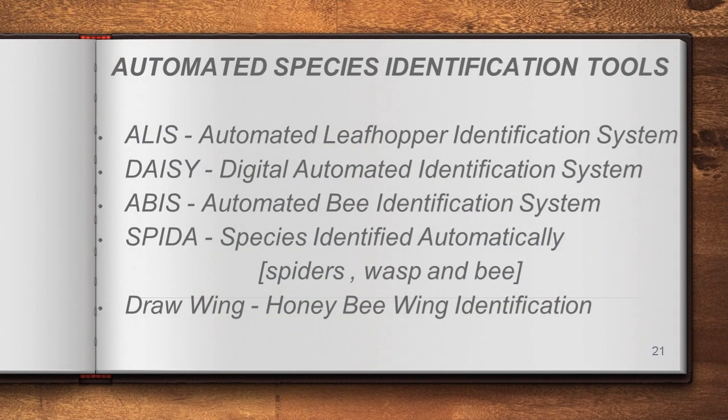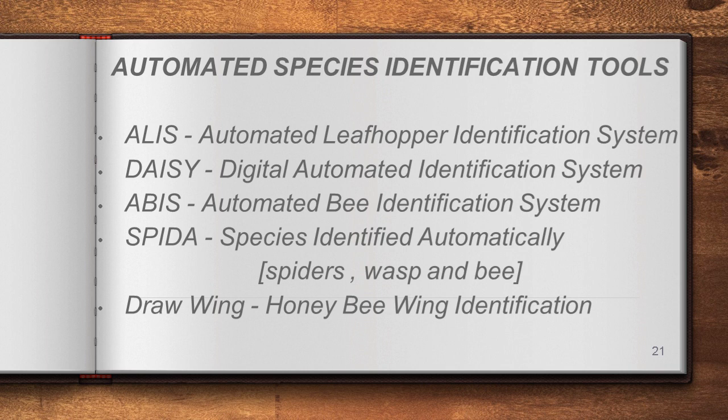The last one is automated species identification tools. It consists of cyber tools, meaning the information we can collect from the internet. Here the keys are given. For example, ALIS means automated leafhopper identification system.